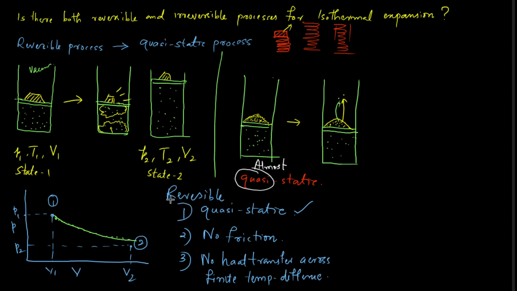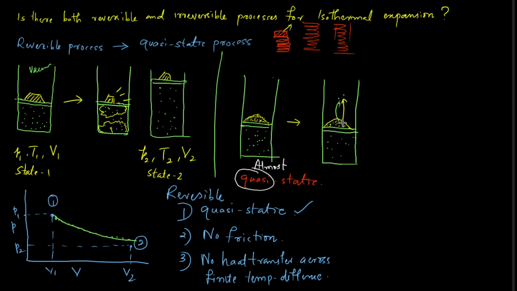So first, what is meant by a reversible process? A reversible process is something that can be reversed without changing anything in the system or surroundings, or without altering anything in the universe.